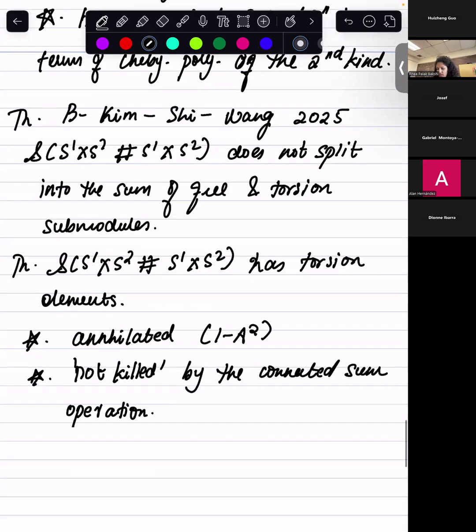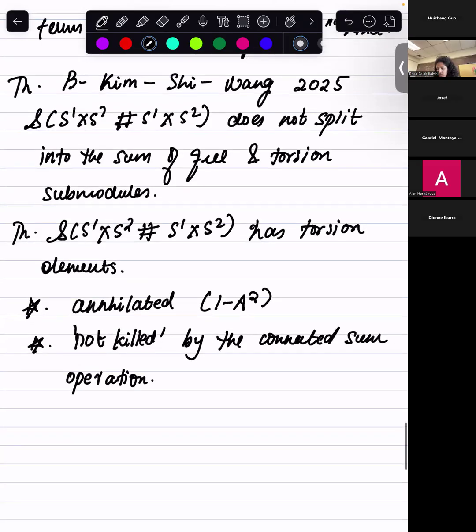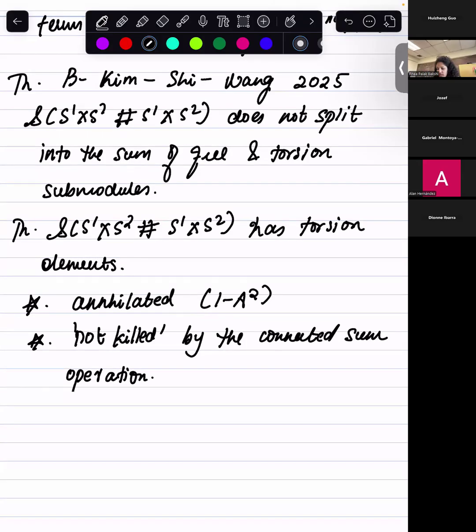So the crux of the matter is that the Skein modules of connected sums of three-manifolds are very mysterious, because we don't expect them to have this nice decomposition into free and torsion modules like we have for, say, prime manifolds, though even that is a conjecture. But what's even more mysterious is that even though you don't have this decomposition, you still have torsion appearing in them. For example, RP3 connected sum RP3 is like that, the connected sum of two solid tori is like that, the connected sum of S1 times S2 with itself is like that.